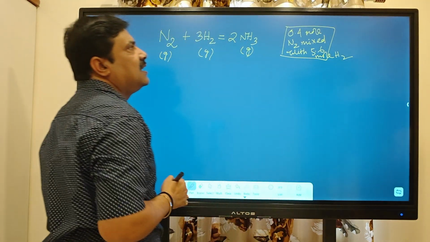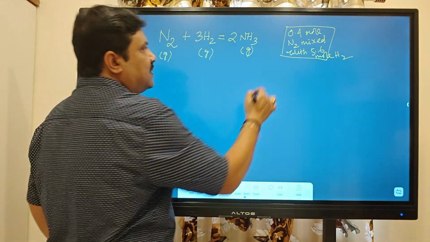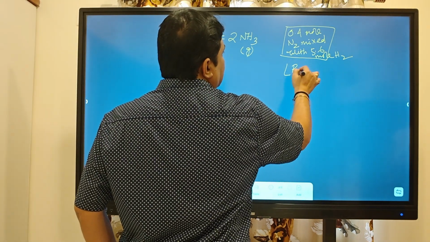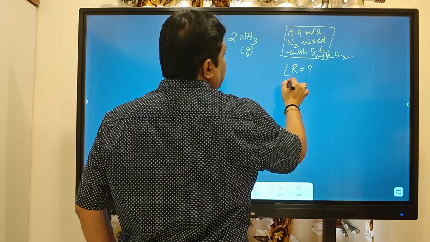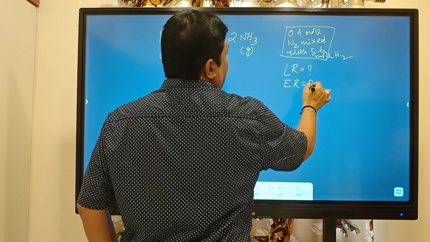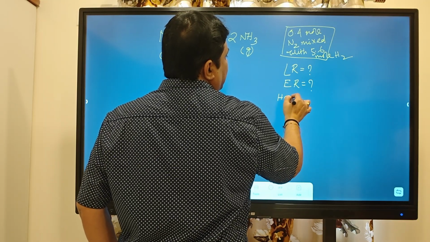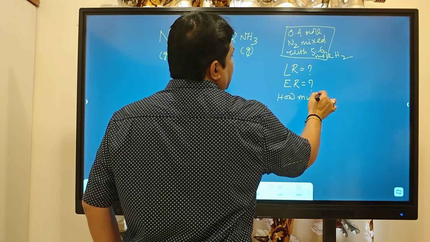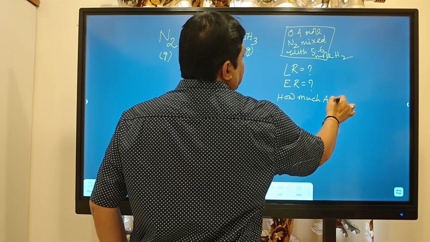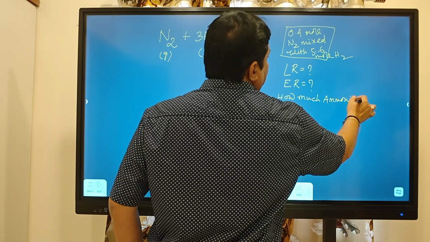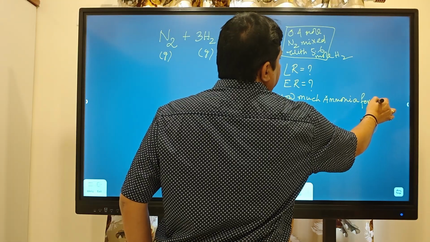This is what they are giving. Now they are asking who is the LR, who is the ER, and how much ammonia will be formed. How much ammonia will be formed? That is the question.